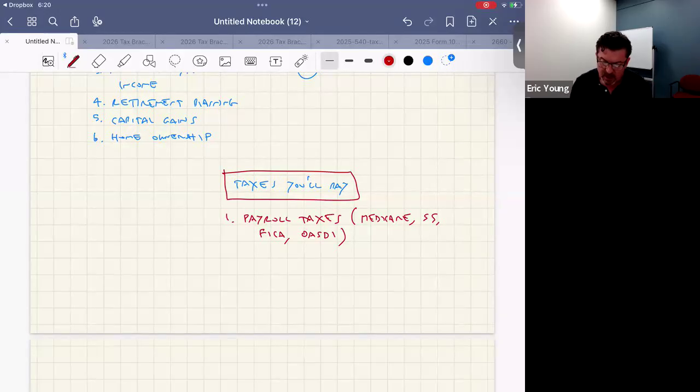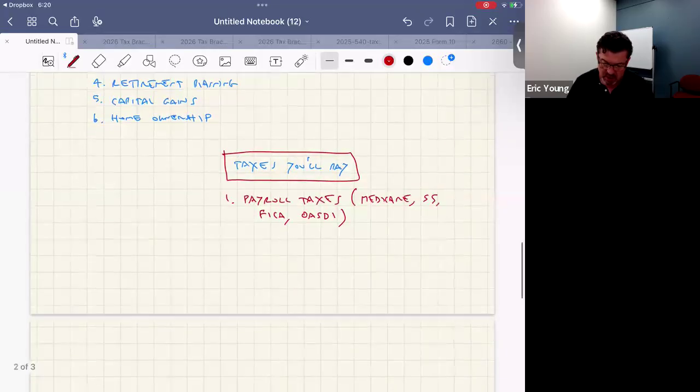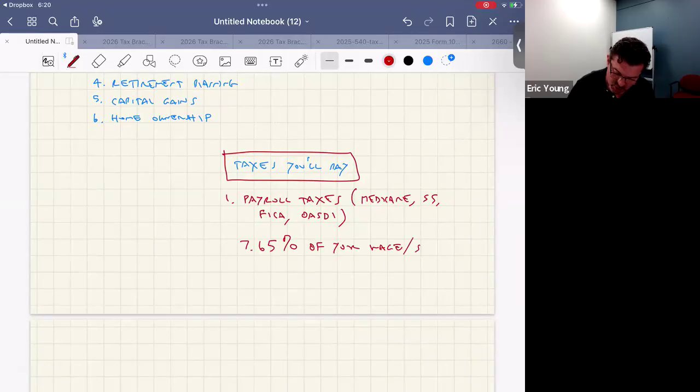Okay? Now, payroll taxes, you should know, compose 7.65% of your income. It's important that you know that. Payroll taxes are 7.65% of your income. We should actually say of your wage or salary income.